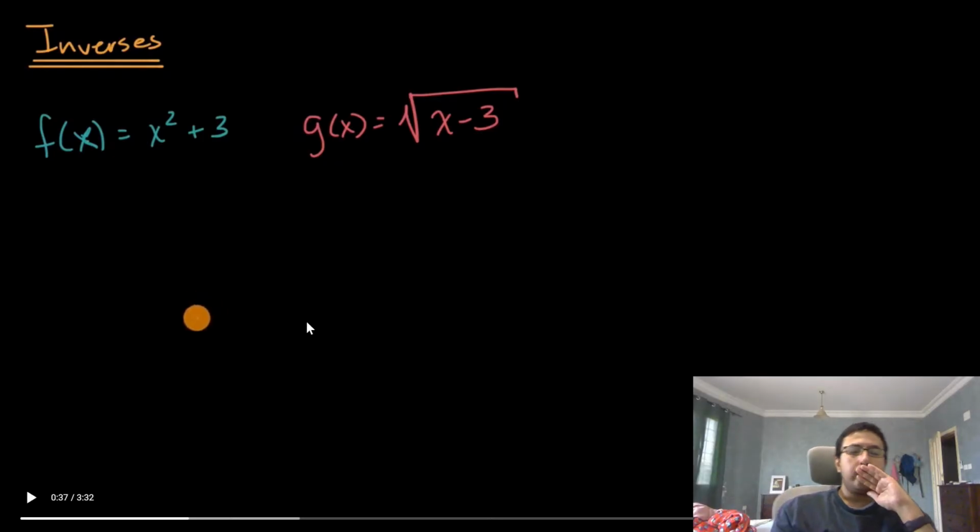Okay. We're going to have to go f of g of x. It equals x. So f of g of x, wait, this must go with this.